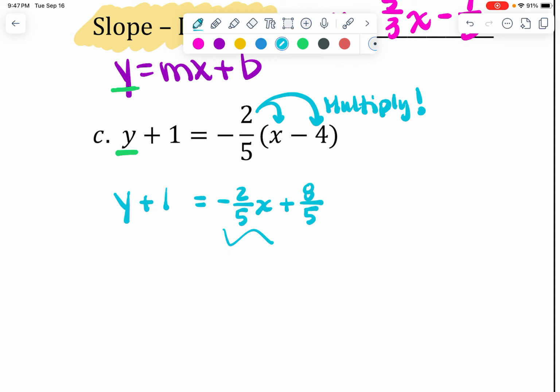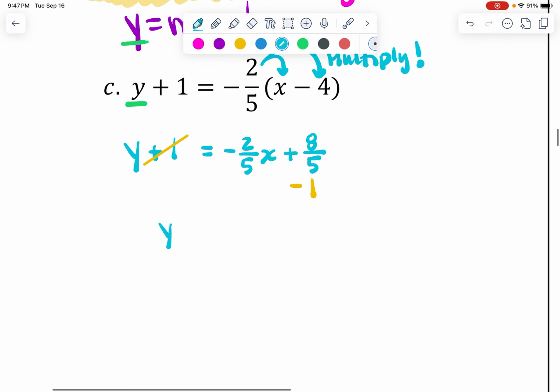So as soon as we distribute, we can start seeing that mx plus b take shape. The only thing we need to do is get this 1 adder off of the y and subtract it over here. And again, if you don't know how to work with fractions, please don't assume that you do, right? Use your calculator to double check your math, even if you think you know what you're doing, because in order to subtract and add fractions, you have to have a common denominator, right?